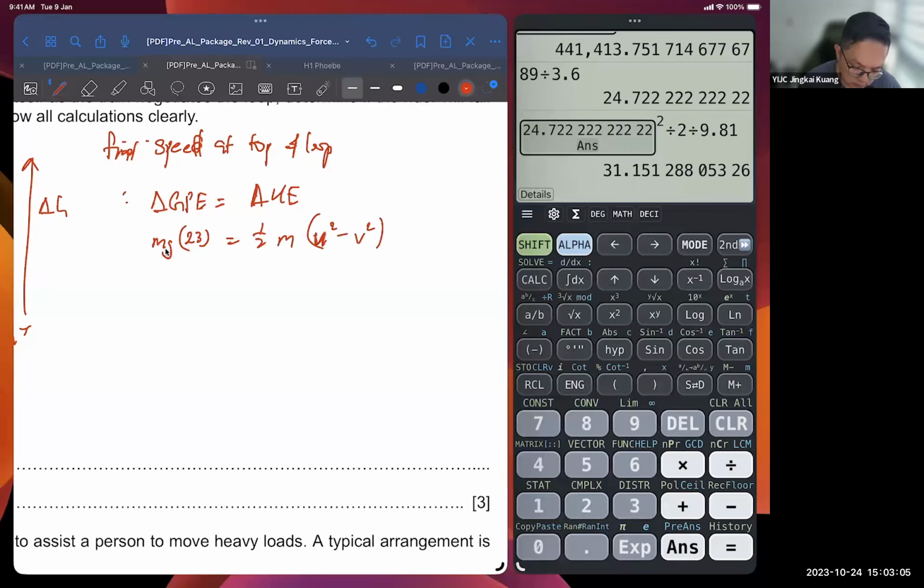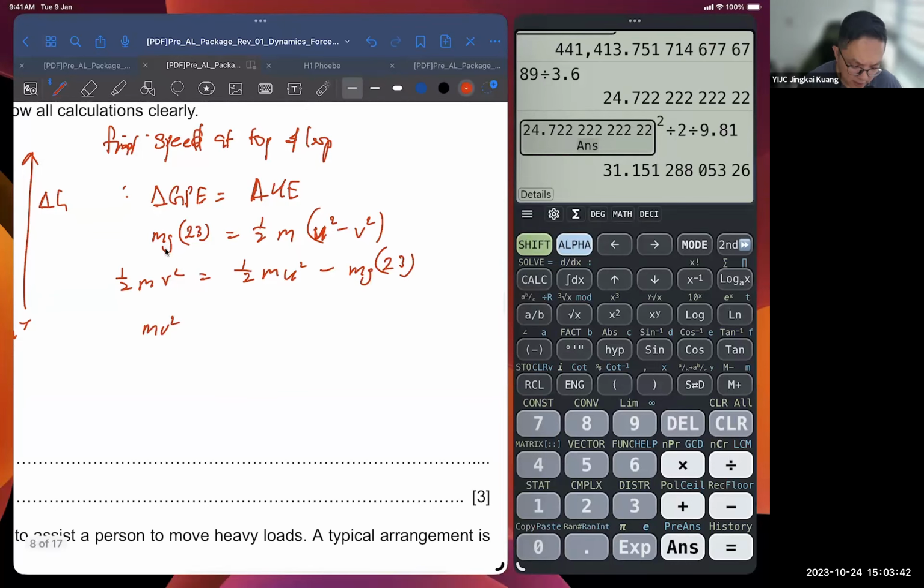I will take out mv square, so half mv square is equal to half mu square minus mg 23. Then go and find mv square for me. Once I found mv square, leave it as that first.